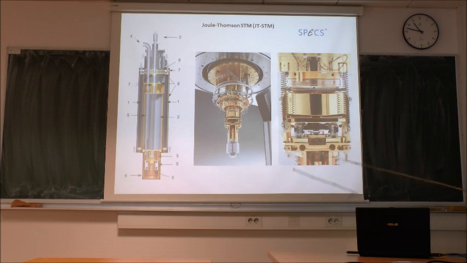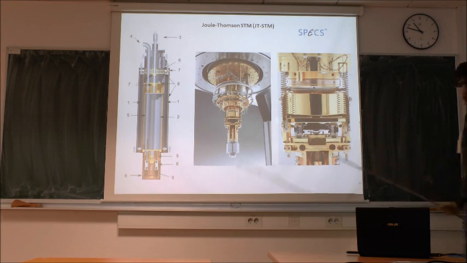This is a photo of this stage, which is basically the STM head, where all the experiments are made. These are some connections, some tubes which are used for this adiabatic expansion of the gas. This is the sample, this is the STM tip, and this tip then scans over the sample surface.